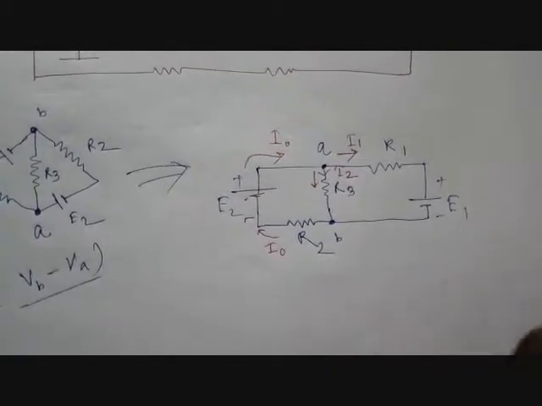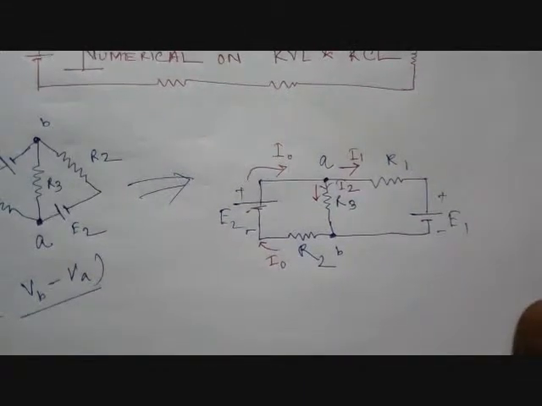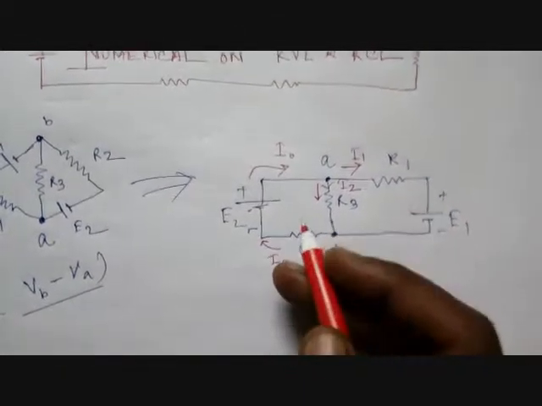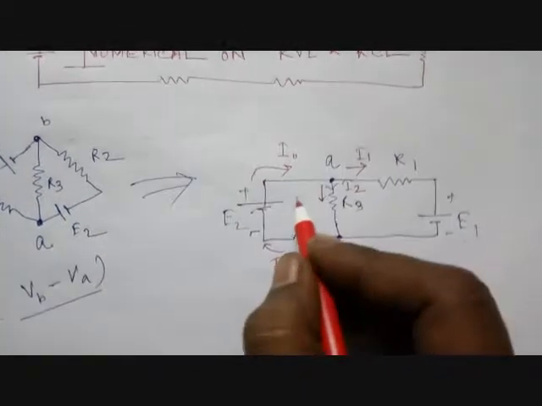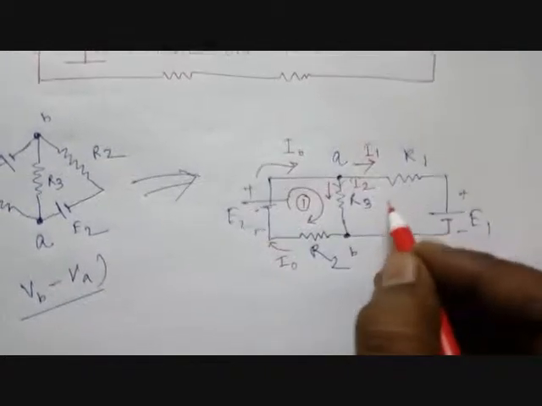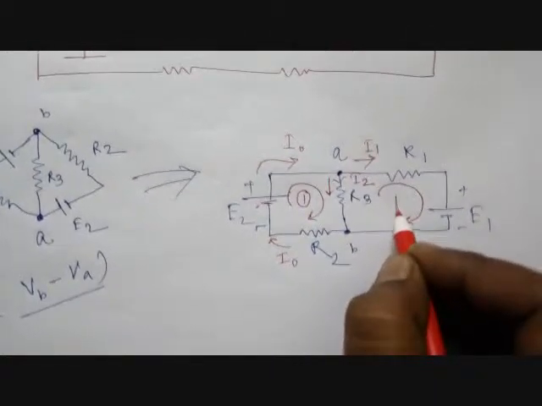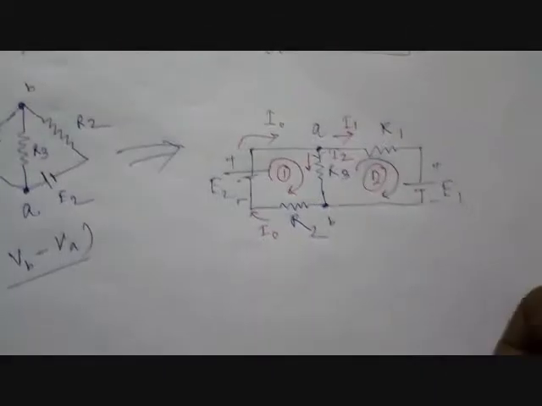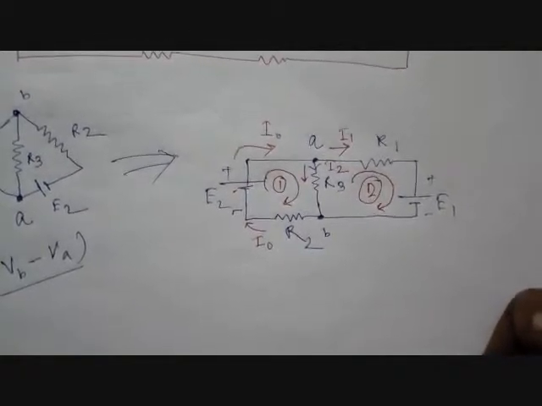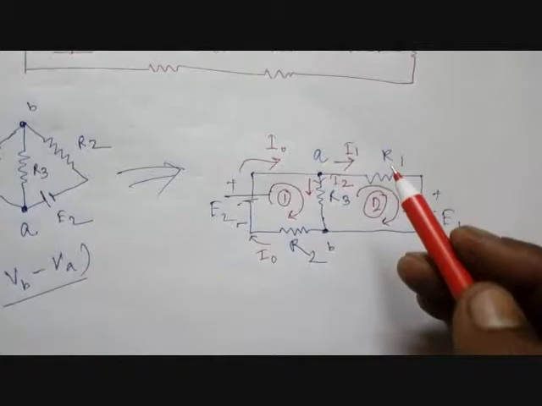Well, to solve this type of problem, we need both loop analysis and node analysis. So let's point out the loops: loop 1 and loop 2. And the beauty of Kirchhoff's law is that you can take the direction of current arbitrarily.